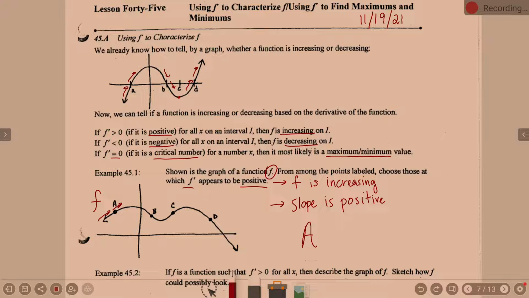At C, increasing again, right? And so that's another positive slope. At D, it's decreasing. That's a negative slope, so a negative first derivative. So answers of A and C. Are we okay with that?